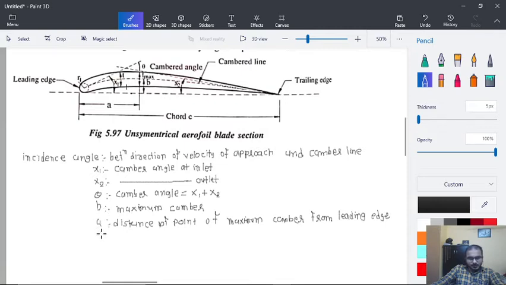Then we have the value C, which is known as chord, that is a straight line from leading edge to trailing edge.